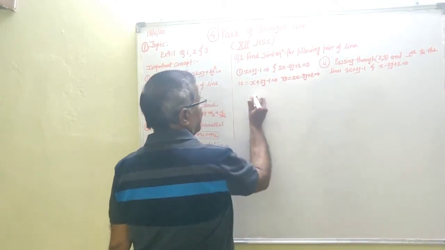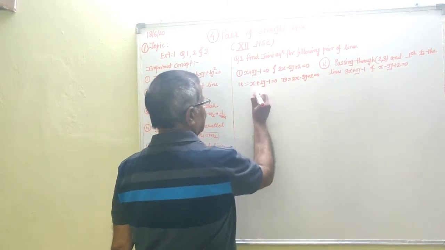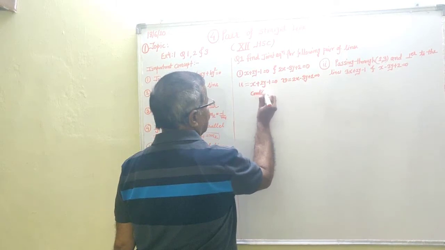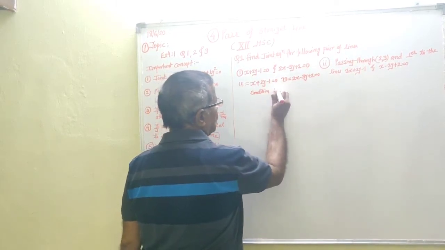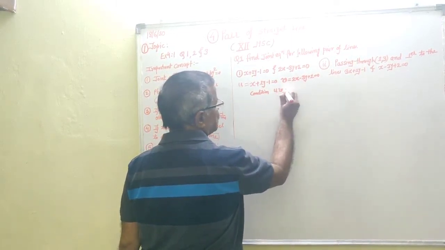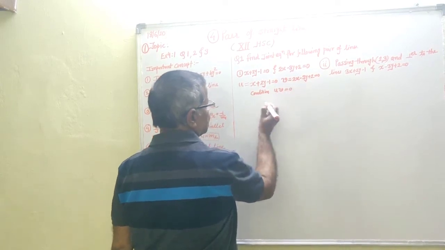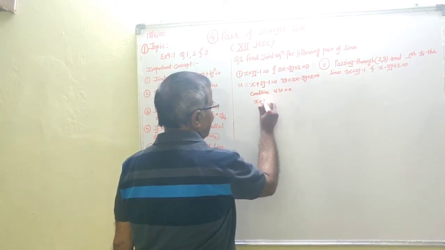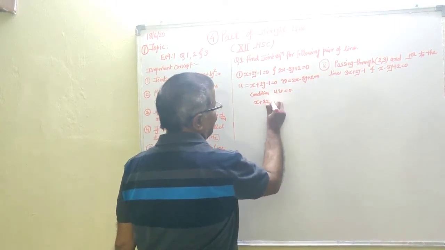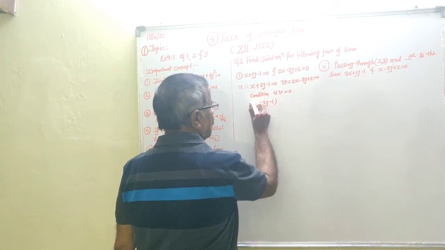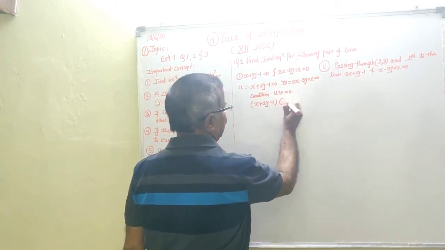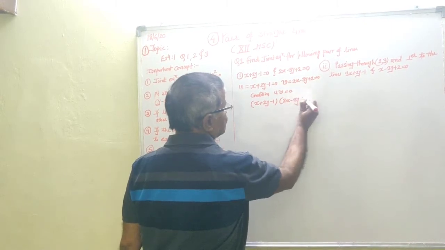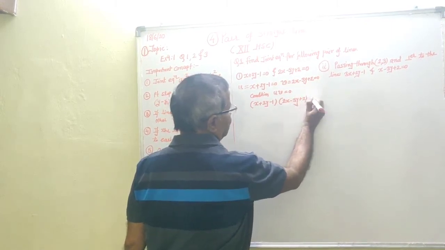Okay. For finding the joint equation, you know the condition: the product of u and v is equal to 0. Now I will substitute the values. The value of u is x plus 2y minus 1, and the value of v is 2x minus 3y plus 2, is equal to 0.